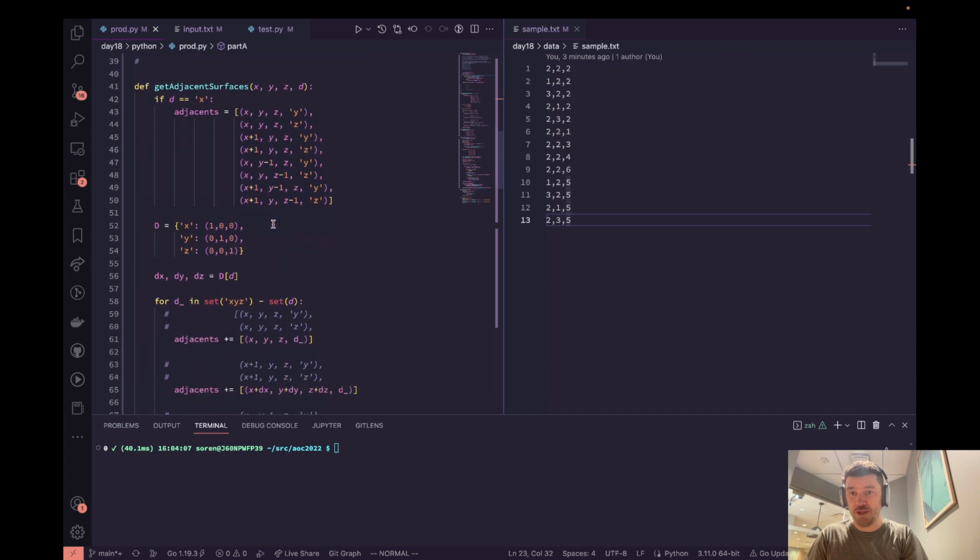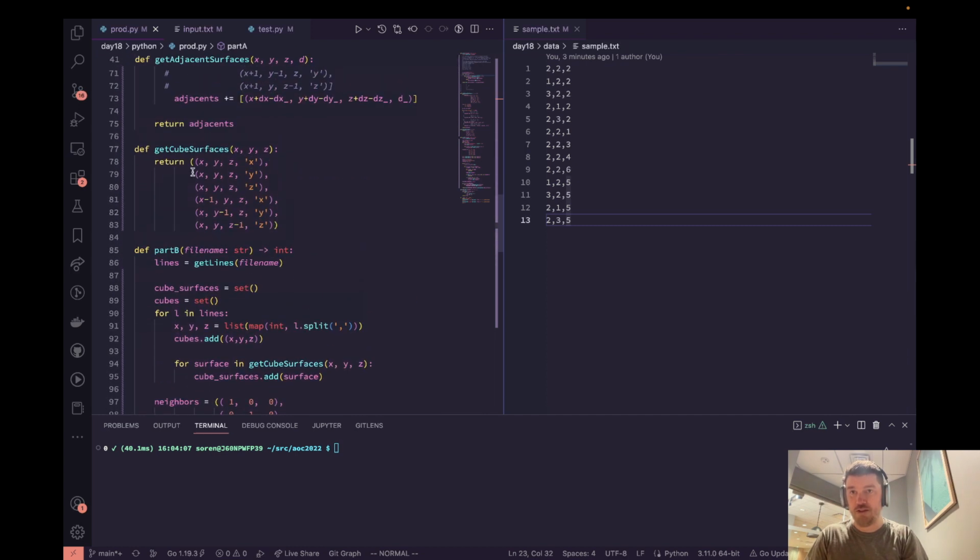So the way that we do that is get cube surfaces. We pass in the coordinates, and it has its own X, Y, and Z surfaces in those three directions.